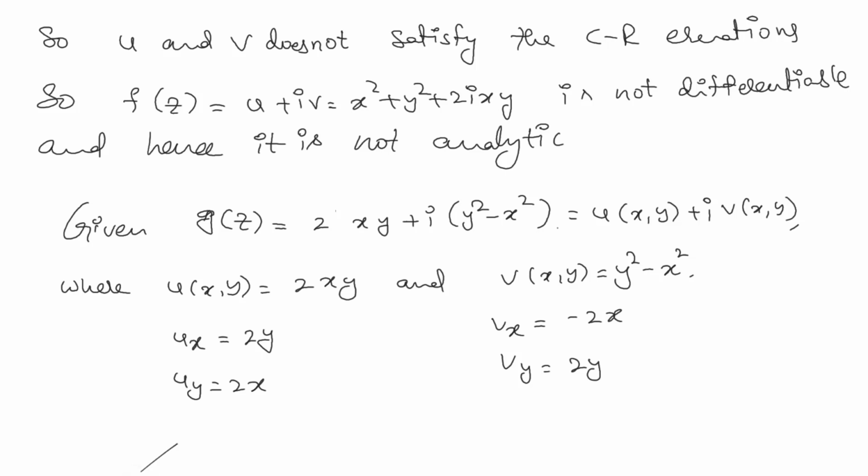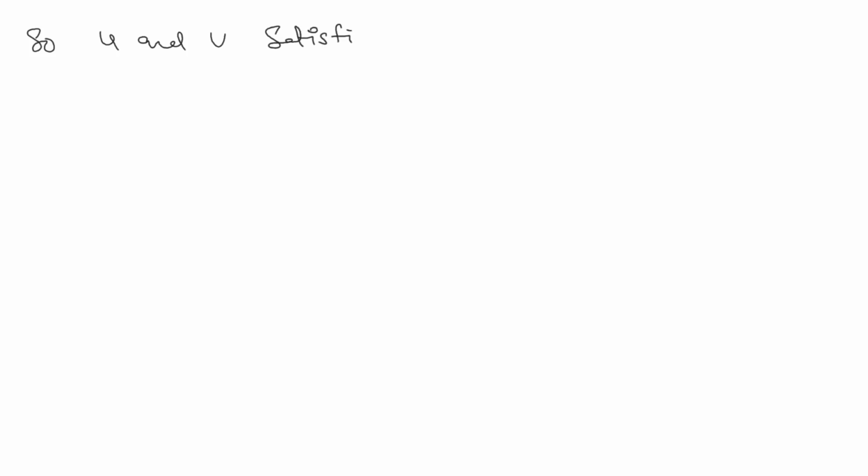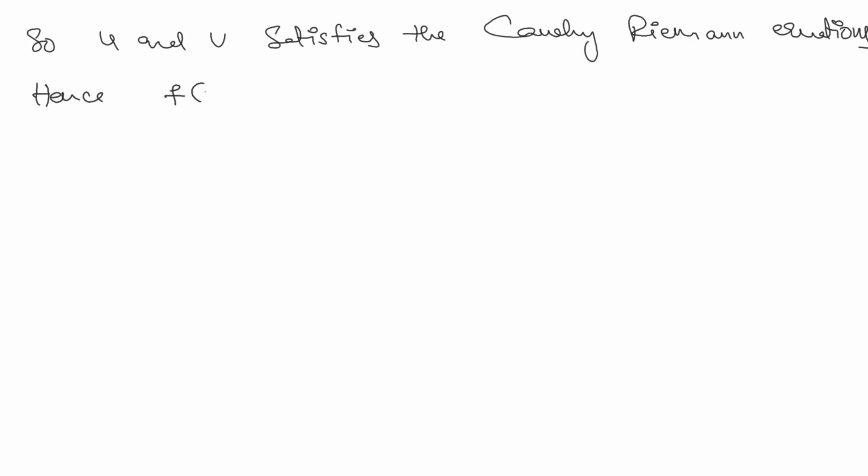So for these functions we have ux equal to vy and uy equal to minus vx. So u and v satisfy the Cauchy-Riemann equations, and hence g of z is differentiable.